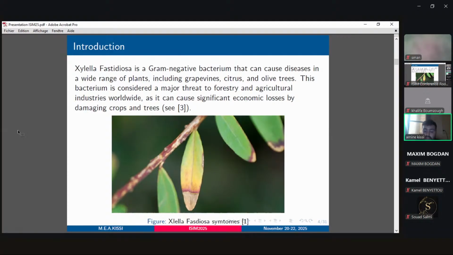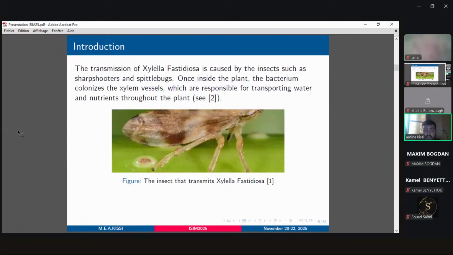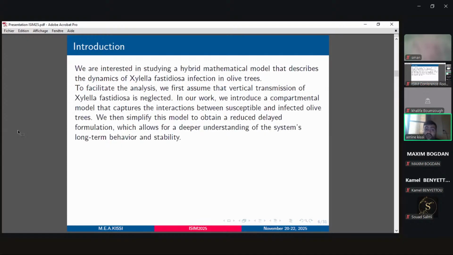This bacterium is transmitted by insects such as sharpshooters and spittlebugs. Once inside the plants, the bacterium colonizes the xylem vessels, which are responsible for transporting water and nutrients throughout the plants. So we are interested in studying a hybrid mathematical model that describes the dynamics of Xylella fastidiosa.